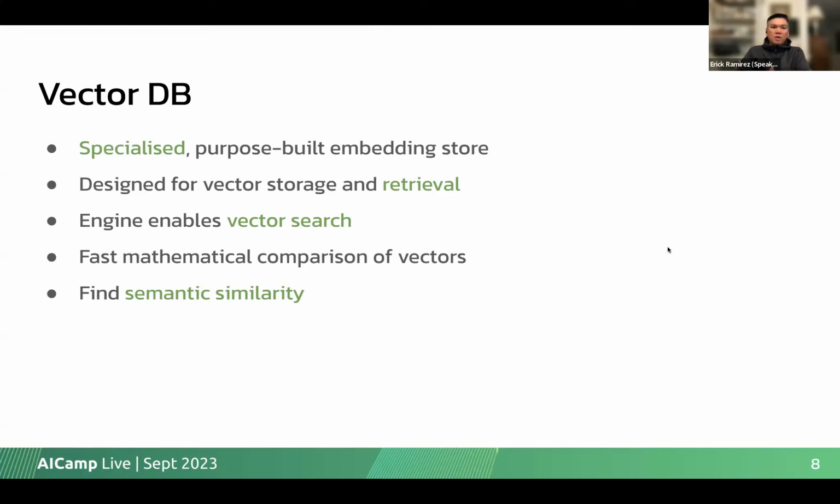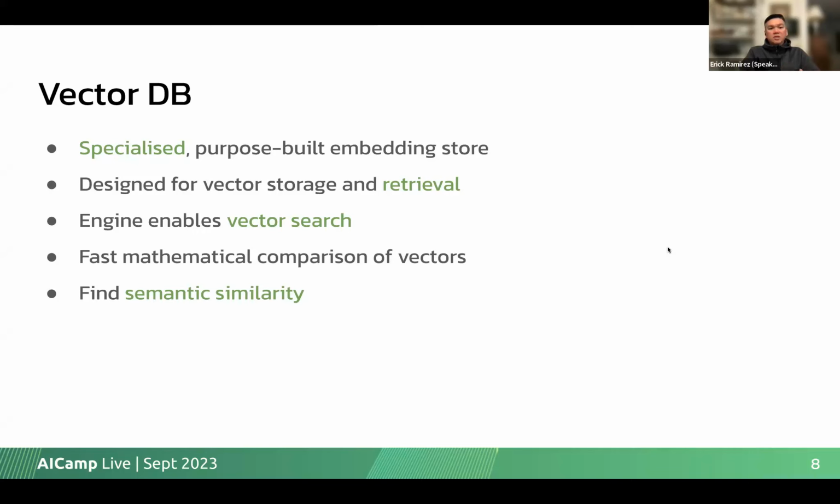One, it can store an array of floating point numbers, which are the embeddings. And two, the really important thing is that it makes it easy to retrieve the vector data, particularly being able to do a vector search. And what a vector search does is perform a mathematical comparison of the vectors. In this talk, we're going to be using OpenAI's ADA text embedding, which is 1,536 dimensions.